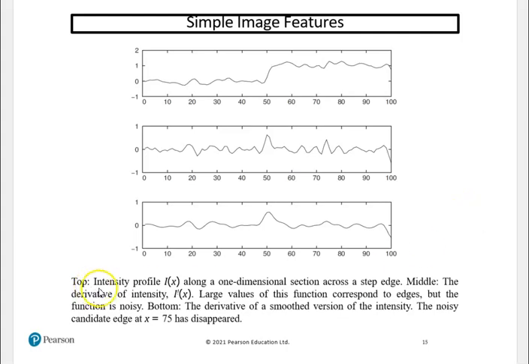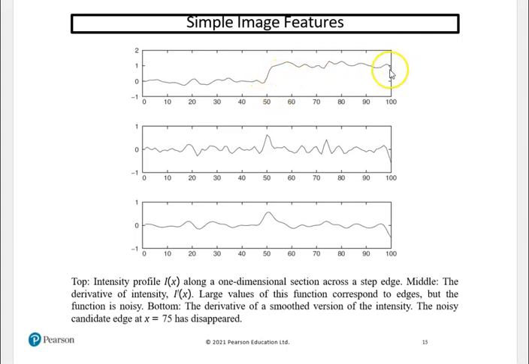This chart shows you that smoothing process. At the top you have the intensity profile I of x along a one-dimensional section across a step edge. The middle graph shows the derivative of the intensity, I prime of x. You can see in the middle there the highest derivative, which corresponds to that big jump in intensity that happens right here.